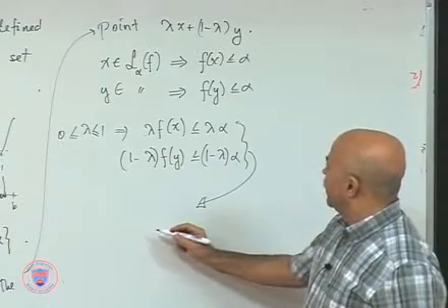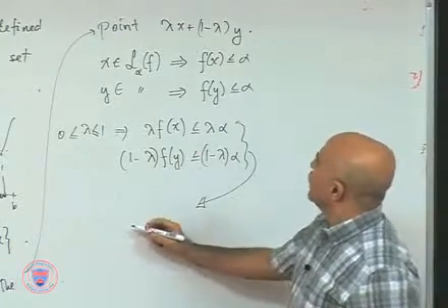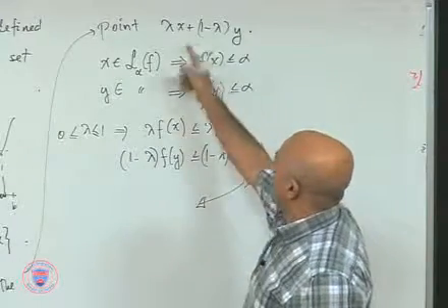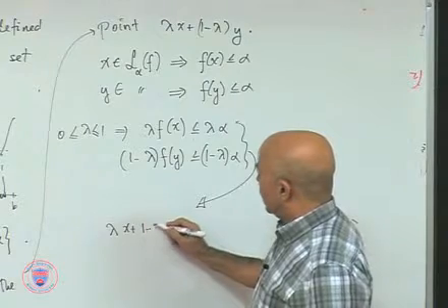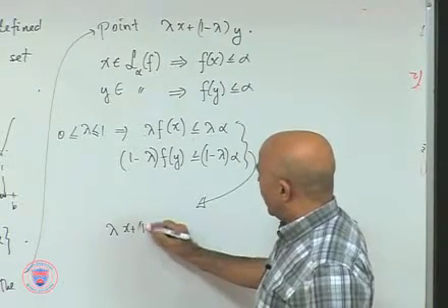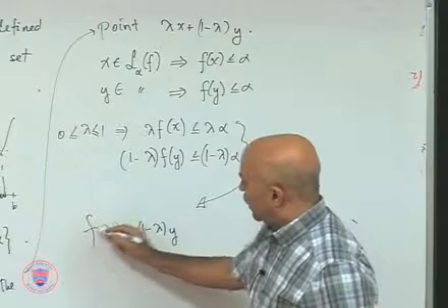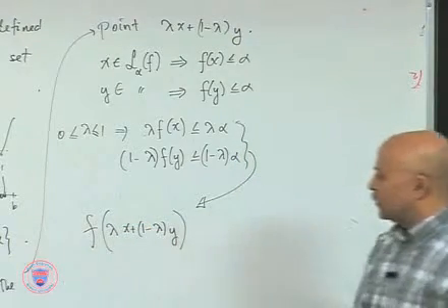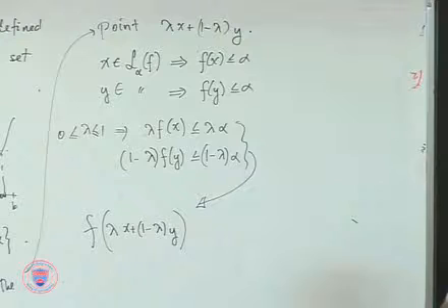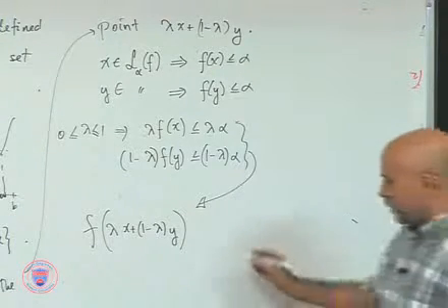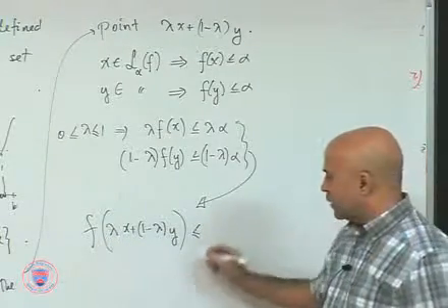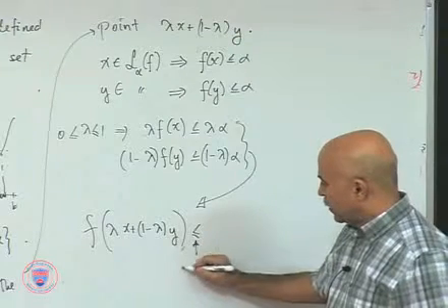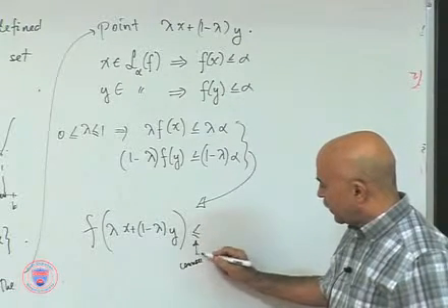That the point lambda x plus 1 minus lambda y, or the f value of this guy, is less than or equal to, what do we know about the function? It's convex. So we're using the convexity of f here.